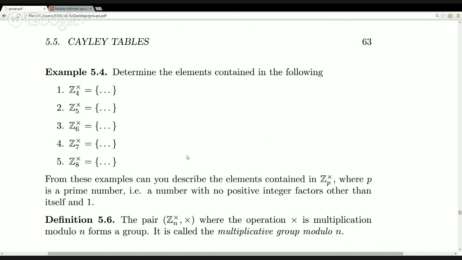Z6, what are the elements of Z6 going to be? The elements for the multiplicative group under multiplication modulo 6. Shout them out, somebody. 1 and 4. Should we include 4? Are 4 and 6 coprime?